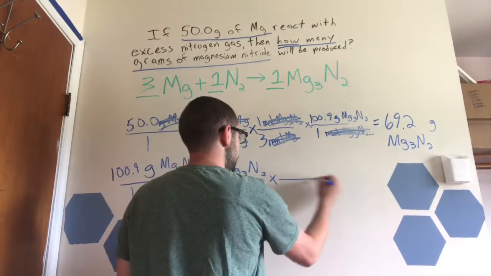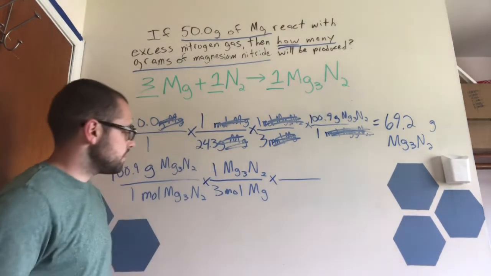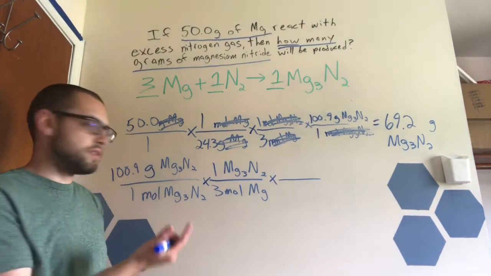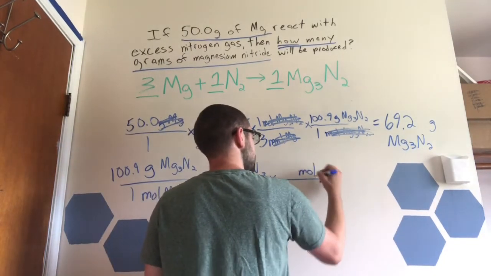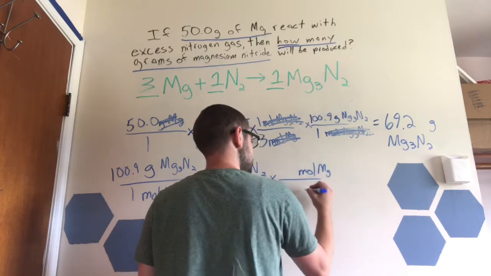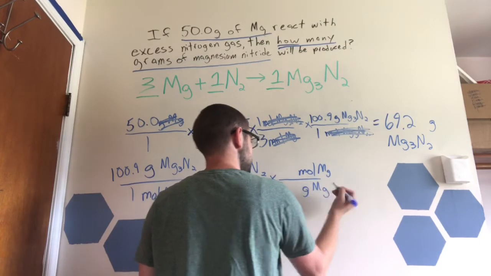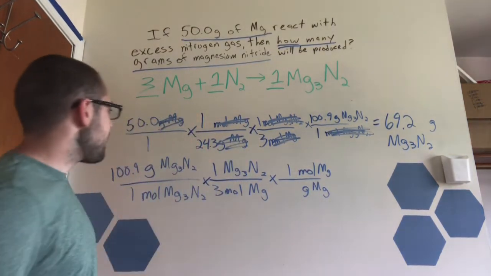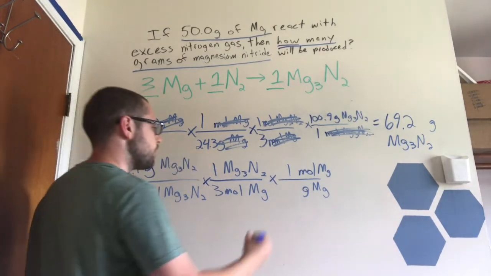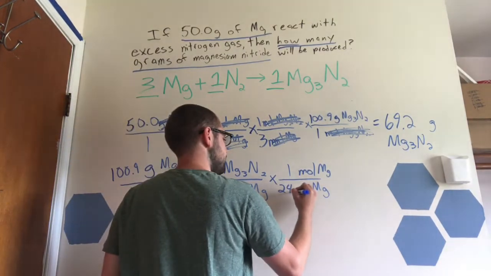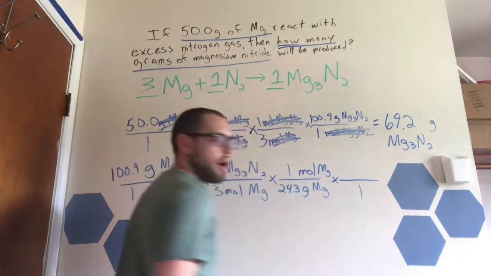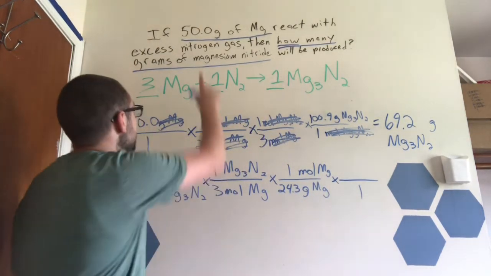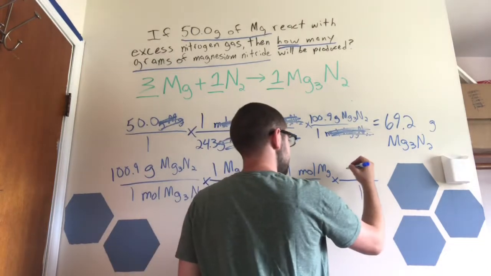I want to use these moles to convert into grams of magnesium. So I'm going from moles of magnesium to grams of magnesium. I've done this art problem already too. It's about 24.3. And then finally, I'm going to use what the problem gave me, those 50 grams of magnesium.